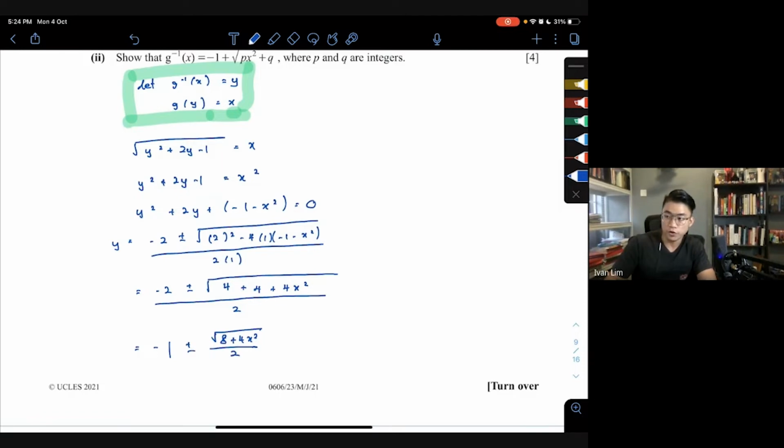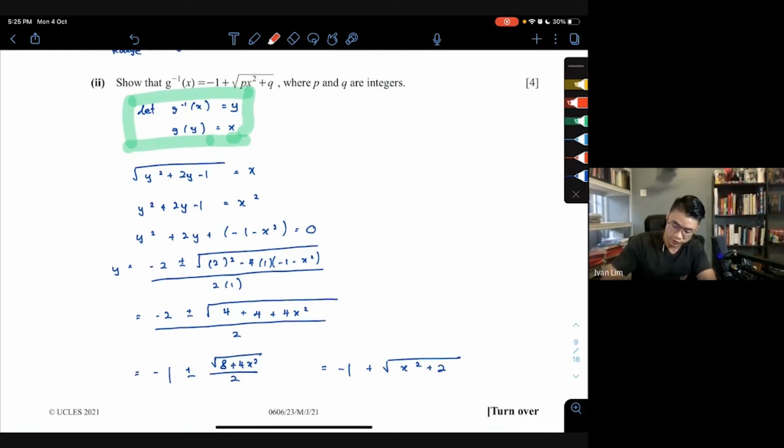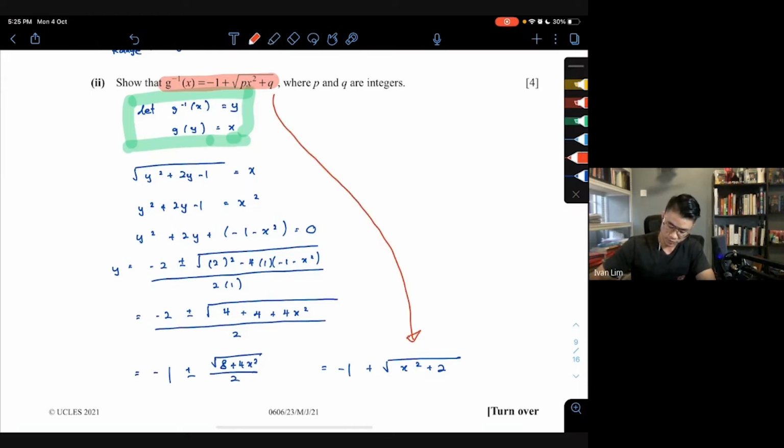My 8 and my 4, I can factorize out 4 from both of them. Why do I put 4? Because the square root of 4 is 2, then it will be 2 divided by 2. So your final answer will be -1 plus the square root of x squared plus 2. We want it in this specific form here, so make sure you all follow this form. This will be your final answer.